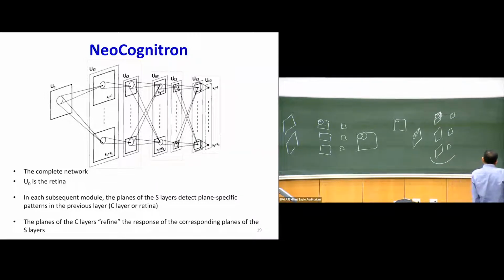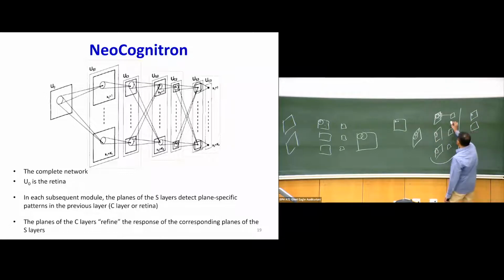Now the second block, once you're done with this, again has a collection of S planes. Within an S plane, if you look at any cell, it is going to be looking at some region in the input. But just as we saw in the last class, this region in the input corresponds to regions in all of these planes.